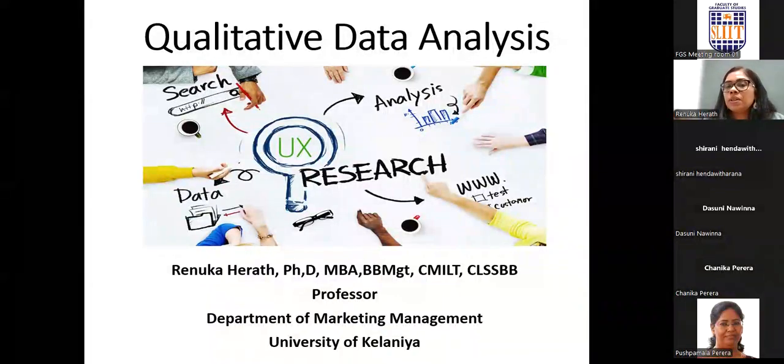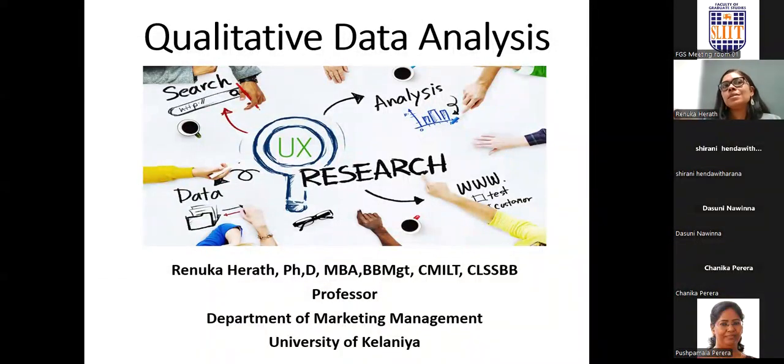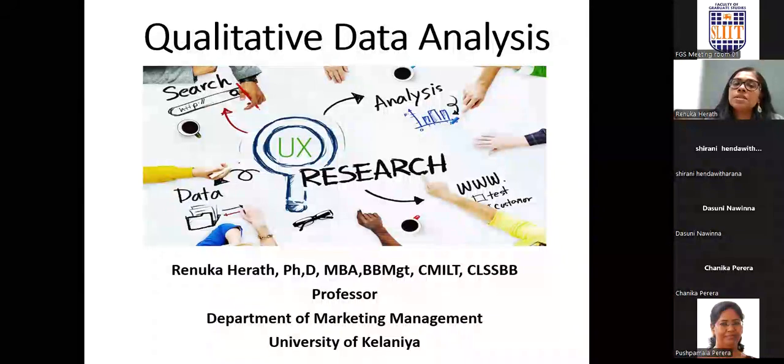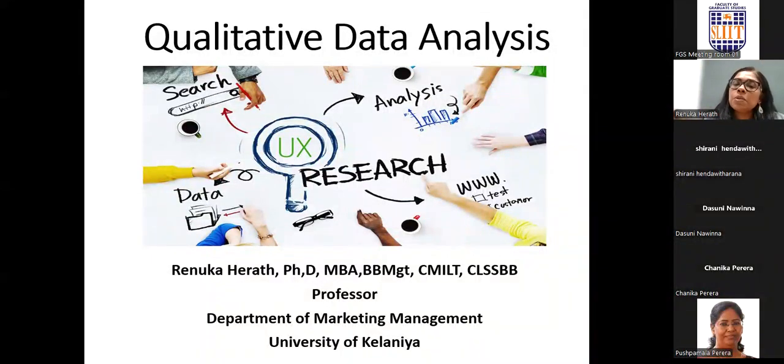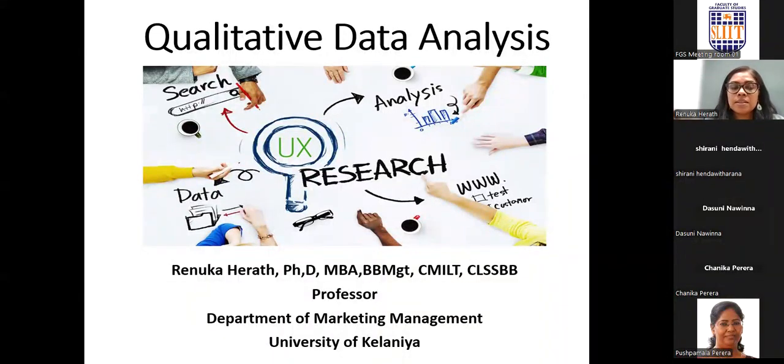When it comes to qualitative data analysis, many people believe it is the same process that we apply in quantitative research. Of course, it is not. We have to come out of that school of thinking, because in quantitative research the analysis part becomes quite easier: you have many data analysis packages, and there are numbers.